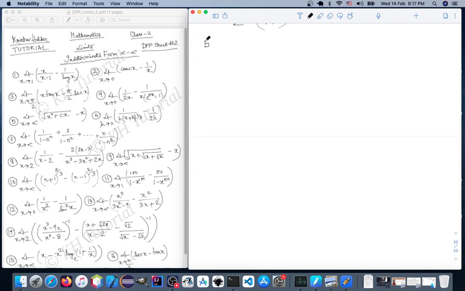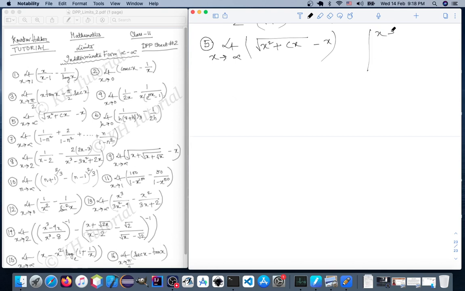Number 5. It says limit x tends to infinity, and we have an irrational term, x square plus cx minus x. So for this kind of problem, we need to rationalize this term. So we multiply with the conjugate of this irrational term in both the numerator and the denominator.